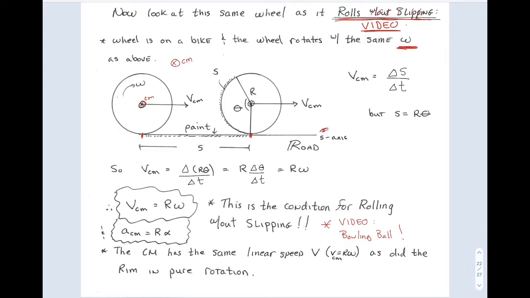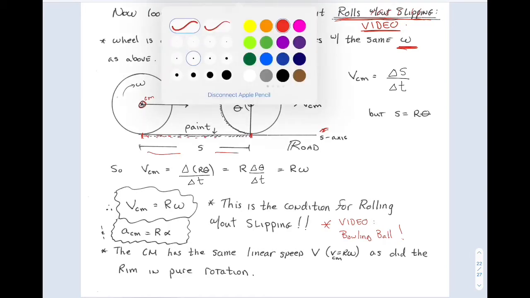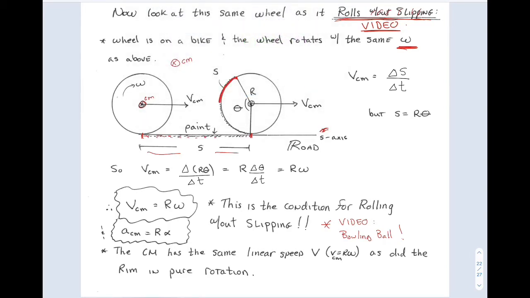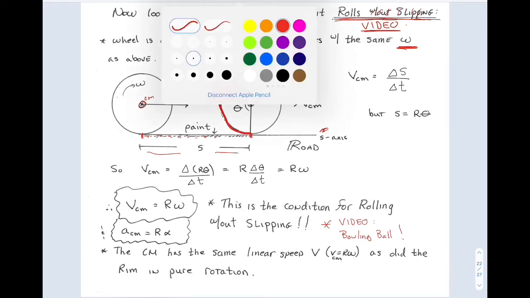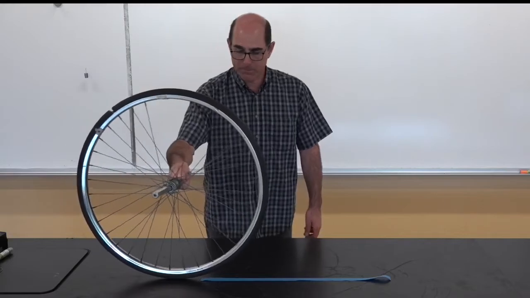Why am I using the letter s? We'll see. This is the distance s that the center of mass moves. And there's some paint on the ground, and as the tire rolls over the paint, that paint winds up along the edge of the tire, along the rim of the tire.